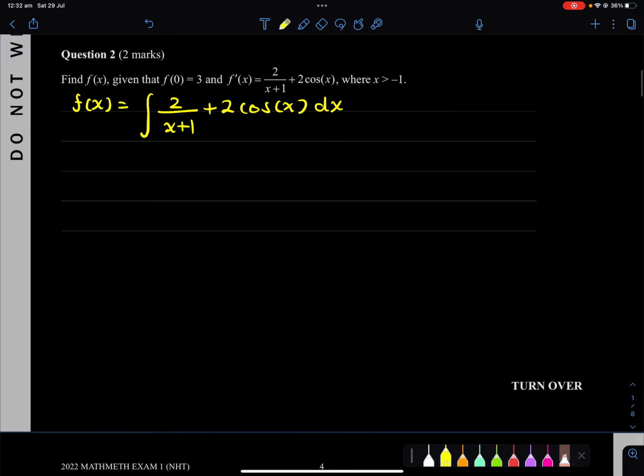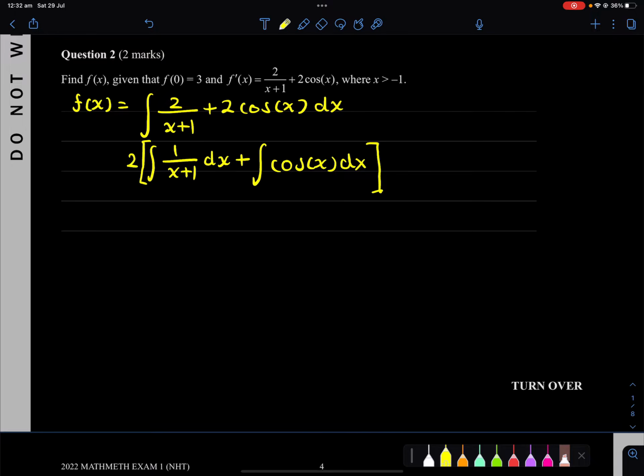Now, there's a common factor of 2, so I can take that 2 out and say 1 over x plus 1. And just let me put the bracket over here and split them. So it'll be dx plus the integral of cos x dx and close the bracket.